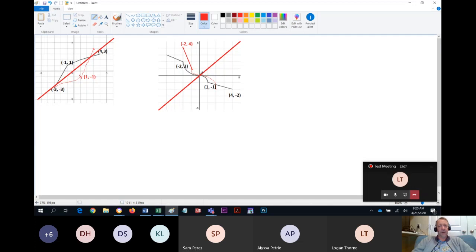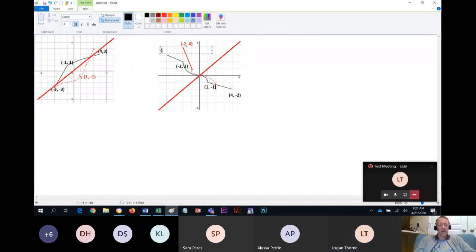Okay. And then your final point is -4, 3, and so the inverse point of that will be 3, -4.